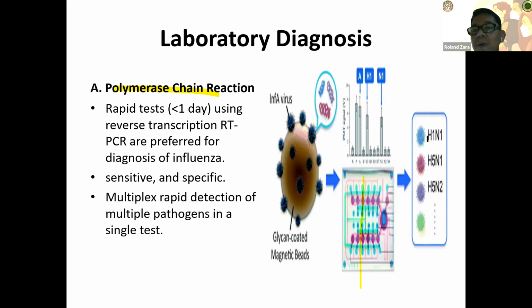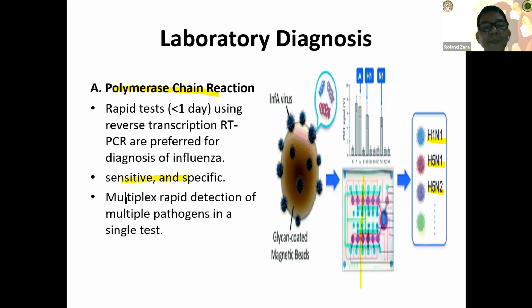It may be H1N1, H5N1, or H5N2. So what gene does it amplify? If it amplifies H1N1, then the patient is infected with H1N1. If the gene is amplified by H5N1, then the person is infected with H5N1. So this is very sensitive and specific.